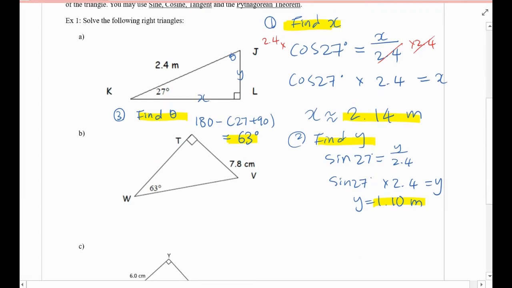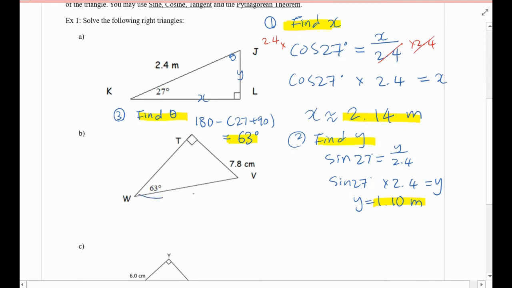So when I ask you to solve a triangle, you should find all 3 missing components, right? Next question. Again, 3 components are given: 90 degrees, 63, and 7.8. And we have to find all the other 3 components.